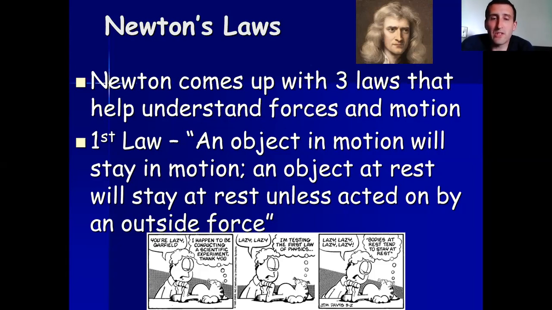So a rolling object's going to stop even faster than an object thrown through the air. And then you also have this force. We spoke of it as an acceleration last chapter, but really it's a force, the force of gravity, that is pulling everything down toward the surface. So if you throw a ball through the air, it's eventually going to come down and hit the ground, and then it's going to have the friction of moving along the ground instead of flying through the air. So it's all these outside forces that cause the problem with the first law.